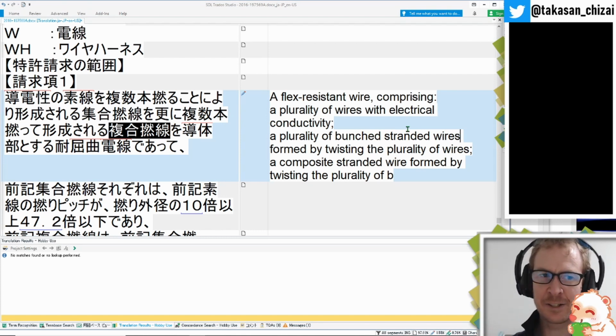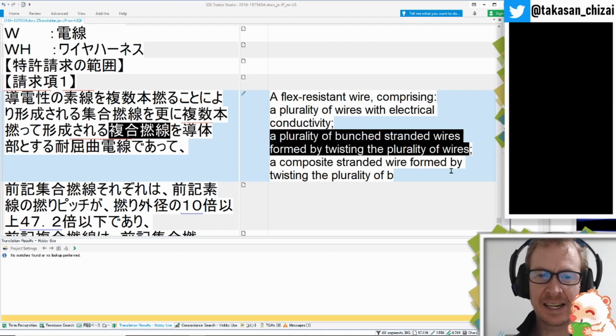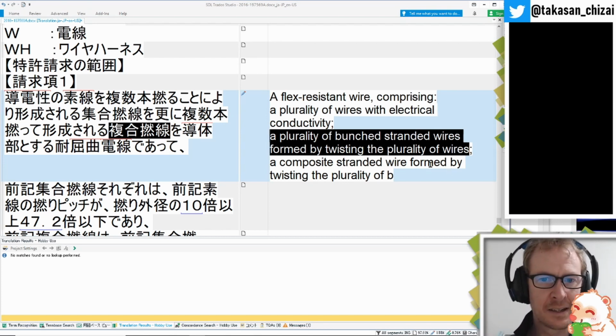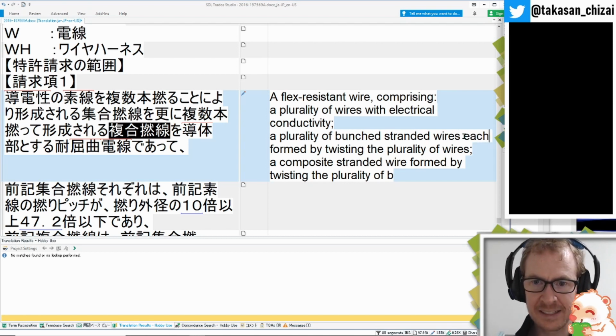And that is a little bit unclear. The relationship between the bunch-stranded wires and the wires in this sentence is unclear because you don't know how many wires and how many stranded wires. So to make that clear that it's one wire includes a plurality of wires, to establish that relationship, I think each is important here.